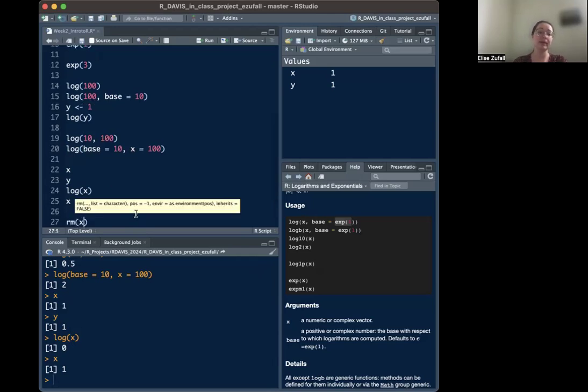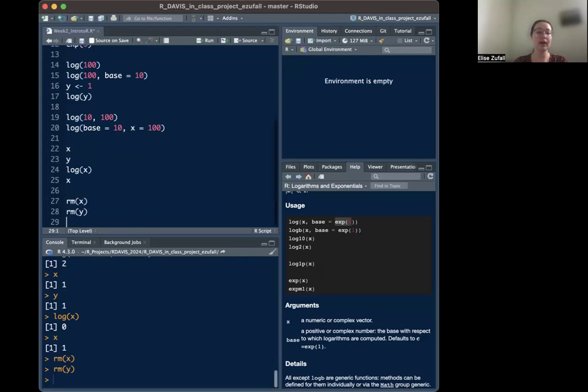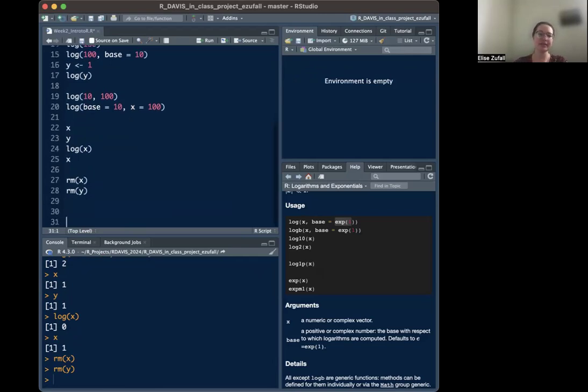We can remove it by saying rm(x). Now it disappeared from our values. We can also remove the value y. Now it's empty. In fact, x is a really bad name for a variable. You want to be really descriptive in your names of variables. So let's try and confuse the programming language some more and try to see if we can force some errors.